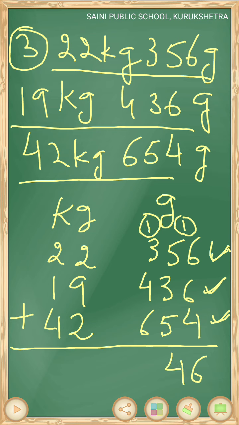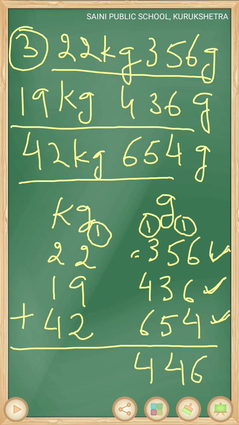You can count on your fingers. 3 plus 1, 4. 4 plus 4, 8. And 8 plus 6, count on your fingers. 8 plus 6, 14. So here 4. And 1 will add to next place. It will go to kilogram place. Okay, you have to remember this. If there is any carry in this place, this will shift to next place, that is in kilogram place.